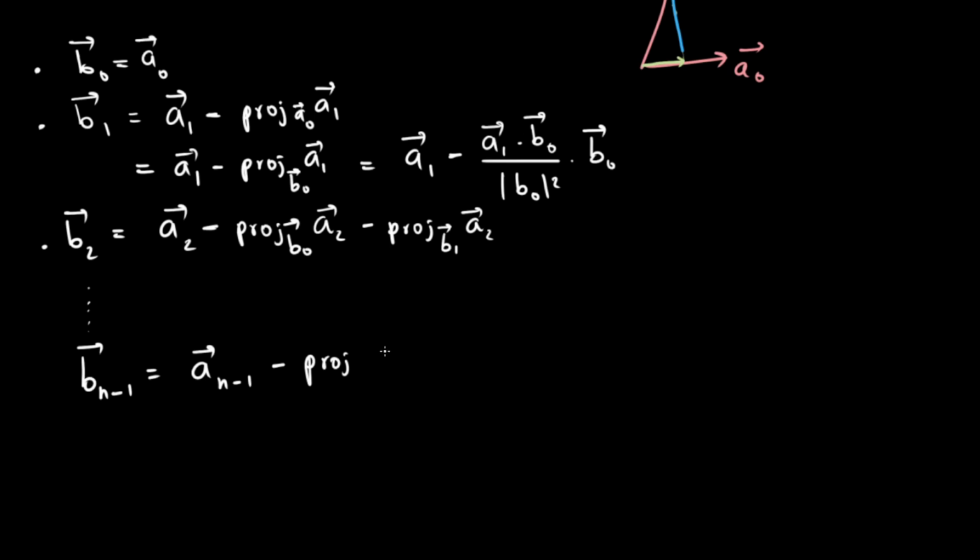So we take the vector a of n minus 1 onto b0, and subtract the projection of a of n minus 1 onto b1 and b2, and all until b of n minus 2.